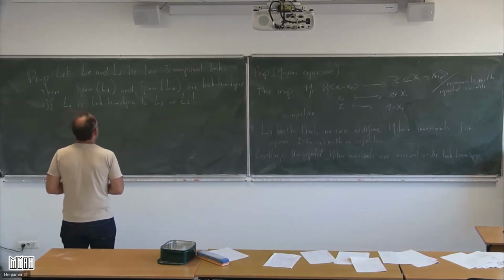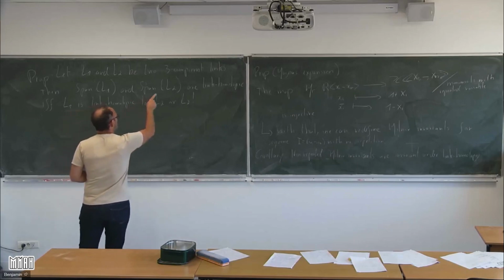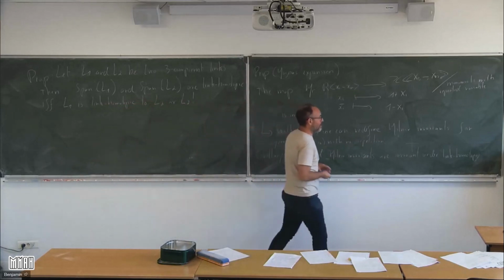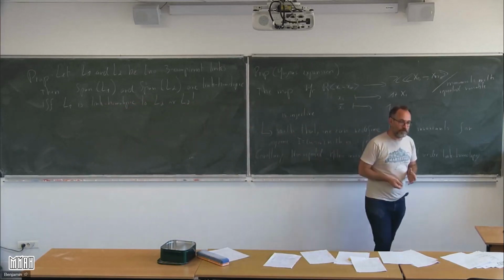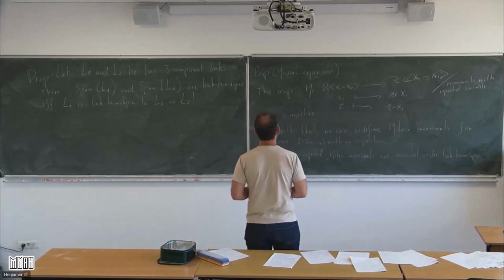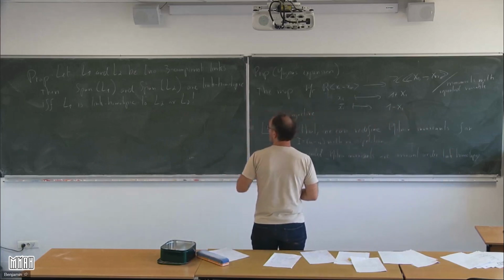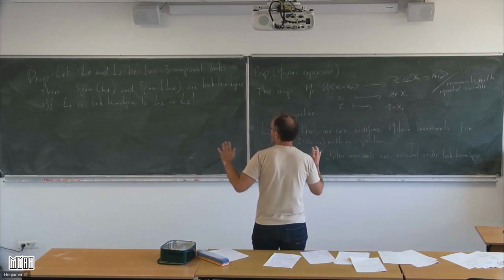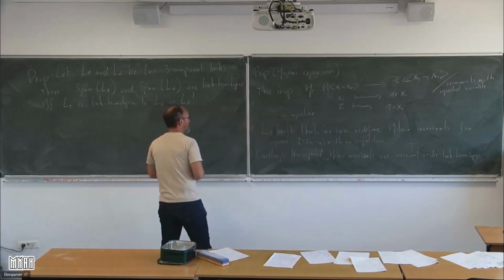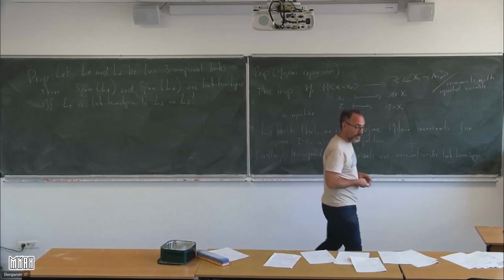And of course, the main ingredient is that for three-component links, Milnor invariants are complete invariants for link homotopy. So gathering these three ideas, you can prove this statement. And I like this one because it's purely topological. It doesn't talk about cut diagrams, even though I use them to define the invariant.